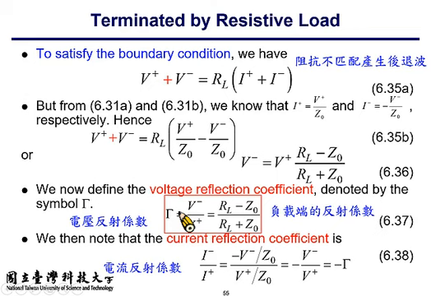Also, I minus equals minus V minus over Z sub 0. With some manipulation, you can write V minus equals V plus times RL minus Z sub 0 over RL plus Z sub 0.